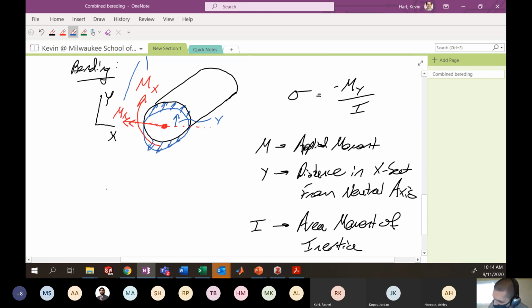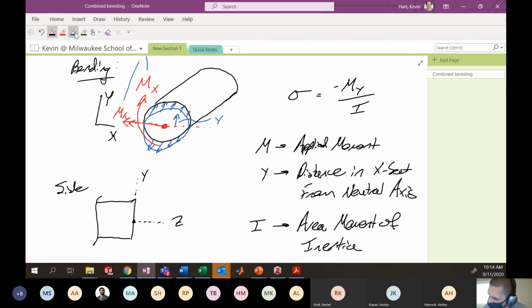Okay. So if you're looking at the bar from the side, here's your z-axis, and here's your y-axis. You would see a distribution that looks something like this. Where we have compression on the top here, and we have tension on the bottom.